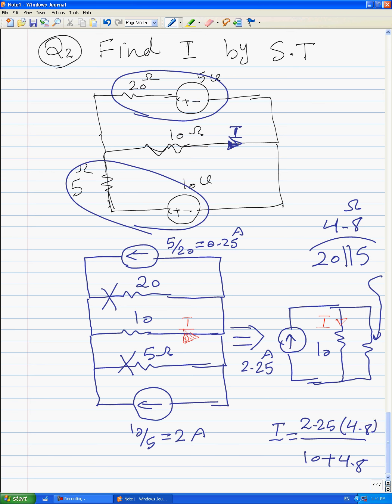The total current I is equal to 0.72 amps. This is final answer for this question.